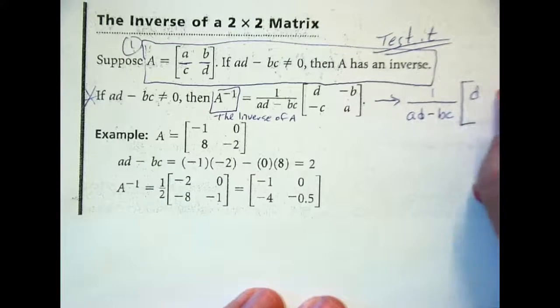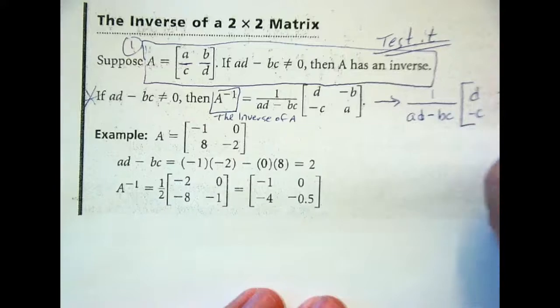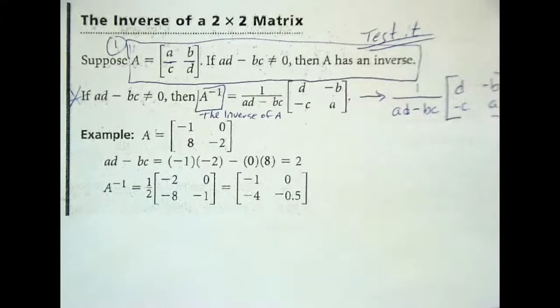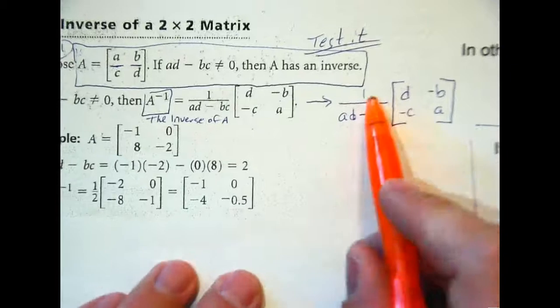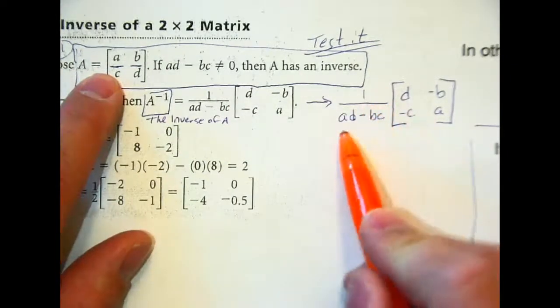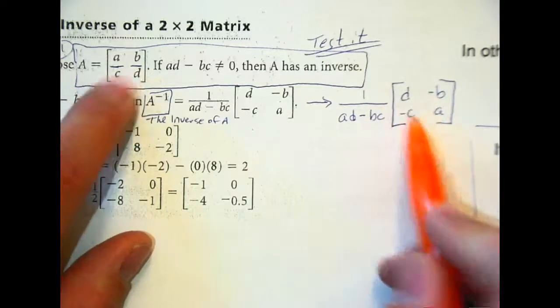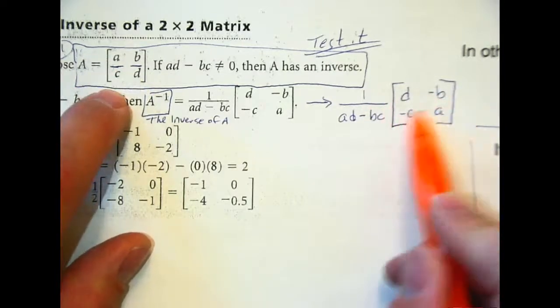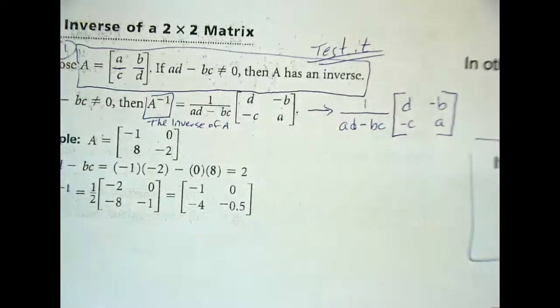Times the matrix D, negative B, negative C, A. That is how you find the inverse of a 2 by 2. You take your original matrix, you figure out what 1 over that is, you flip all those pieces around, you move them around, I call that my messed up matrix, and you do scalar multiplication. That will give you your inverse.